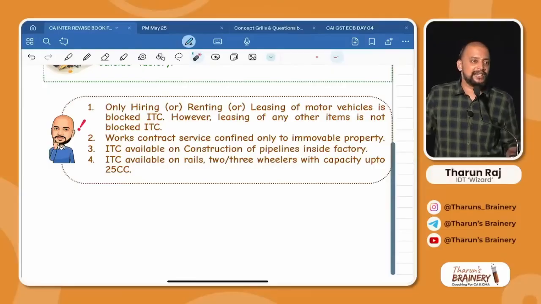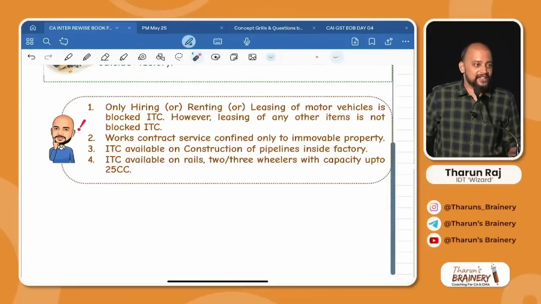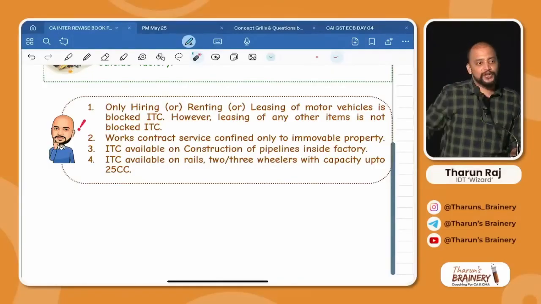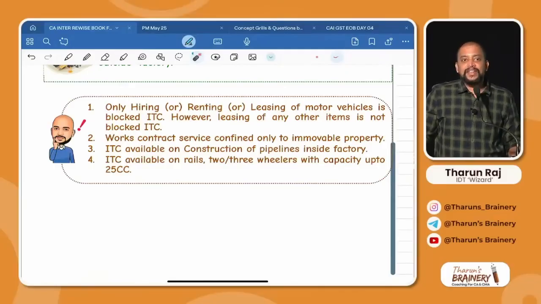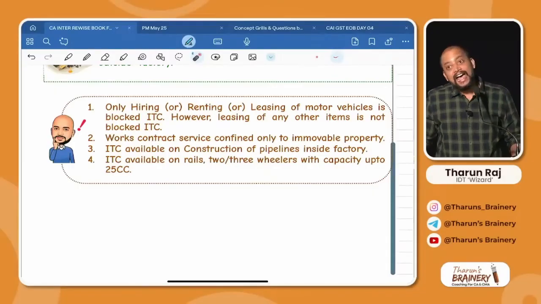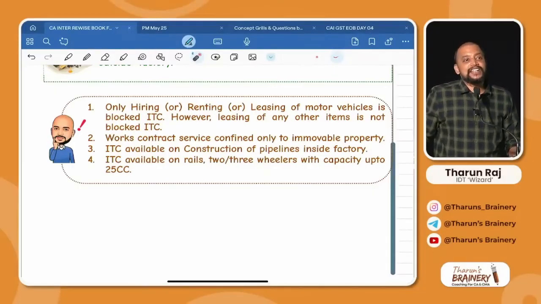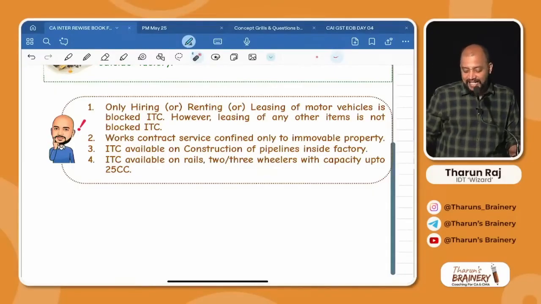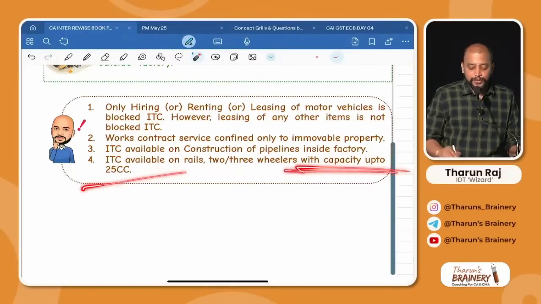That is not a motor vehicle. Definitely we will not call it a motor vehicle. Correct? We can run and go also. In the VIP movie, Dhanush used one. That is what 25 cc will be. And can we take ITC on that? Yes, we can definitely take ITC on that. ITC is available on 2 or 3 wheelers with capacity up to 25 cc.